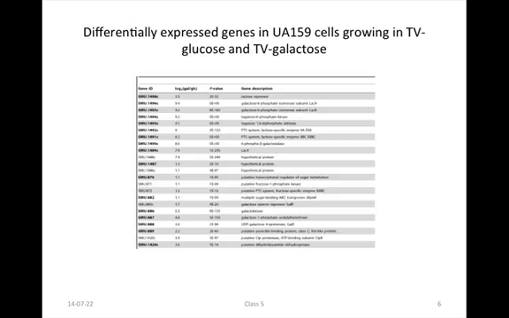Okay, next table, table 3. So they're looking at the difference between glucose and galactose. And in this one you can see a lactose repressor, galactose 6-phosphate, PTS systems. There's lots of sugar genes here on table 3.